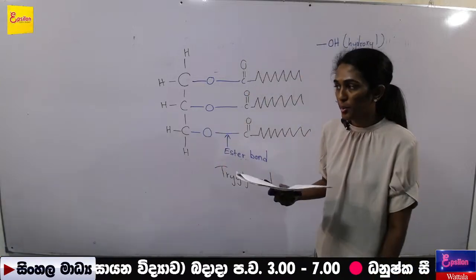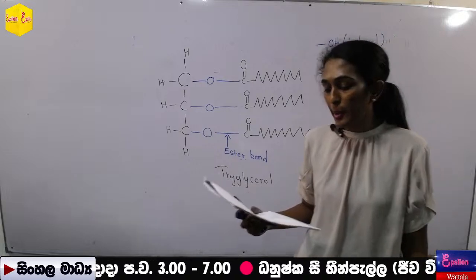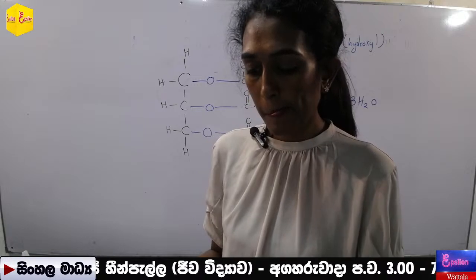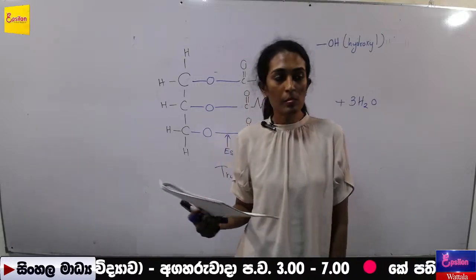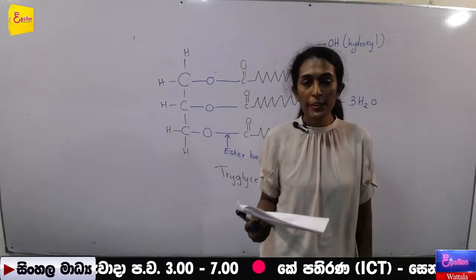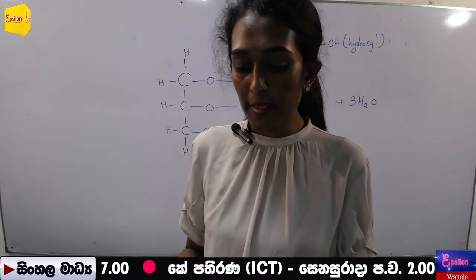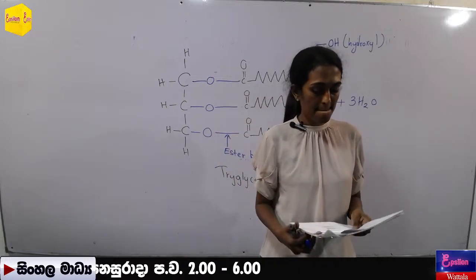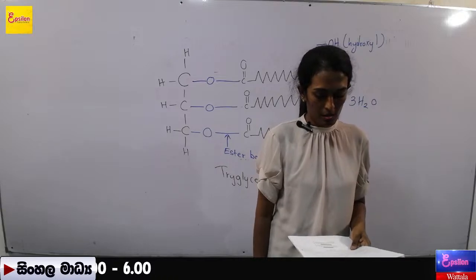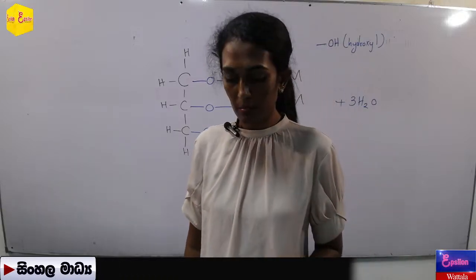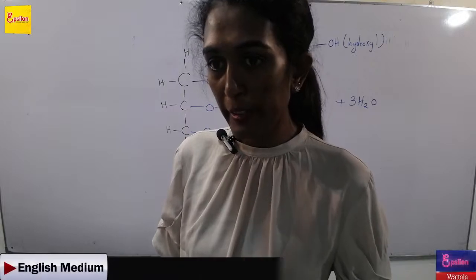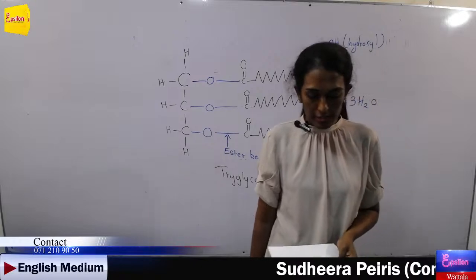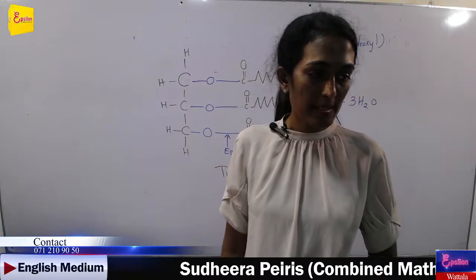This results in the removal of 3 water molecules and the formation of how many ester bonds? 3. Formation of three ester bonds.